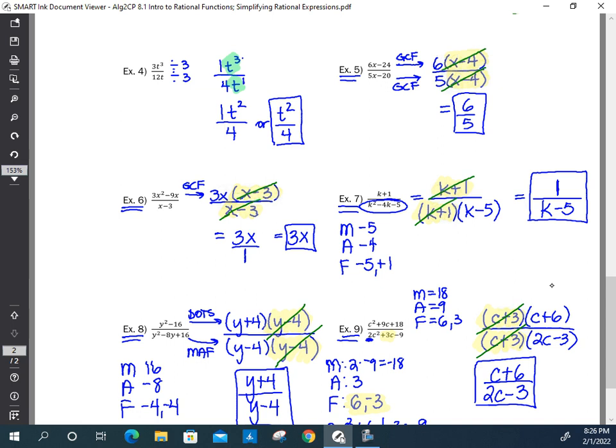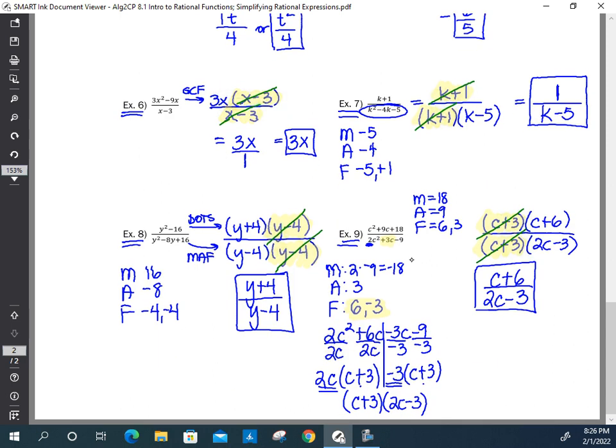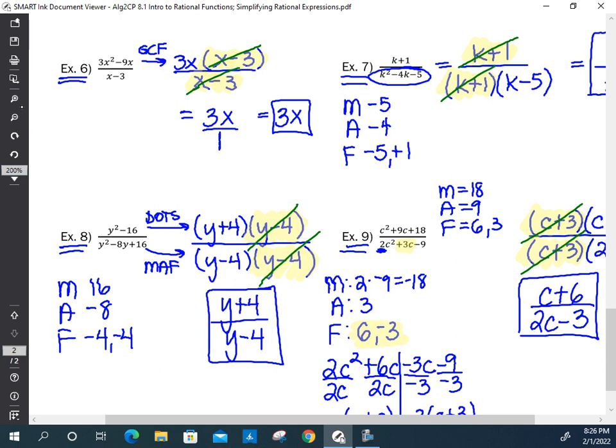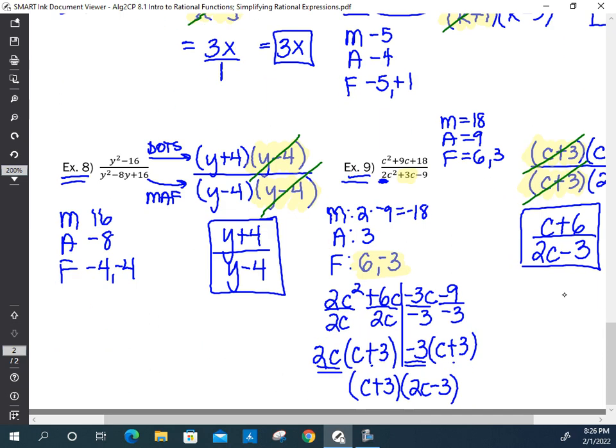But past that, GCF, MAF, difference of two squares, MAF with grouping, you need to know how to factor in order to be successful in this unit. There's really no way around it. So if you need the extra help, you got to ask. You got to put forth the effort to do it correctly. Otherwise, this unit's going to be a struggle.